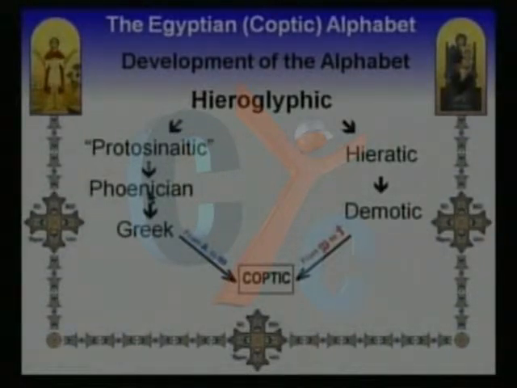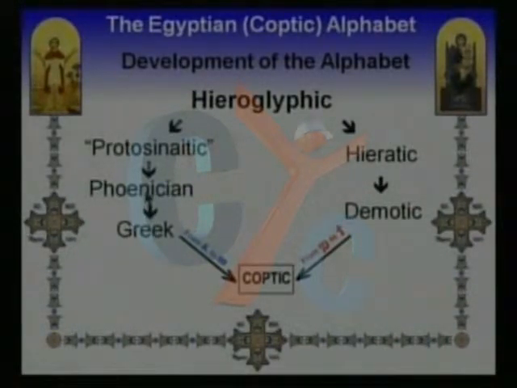It was 28 letters, and these Phoenician letters are based on the hieroglyphic, but they were very concise and a short number of letters. And the Greeks took the Phoenician letters. Actually, they not only took the shape of the letters, they took the names also.